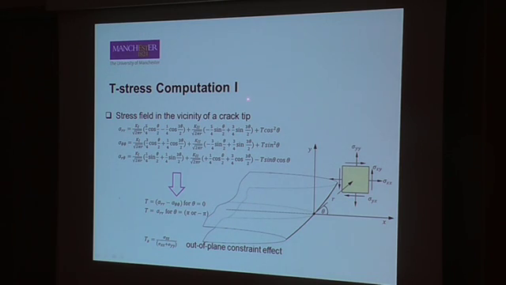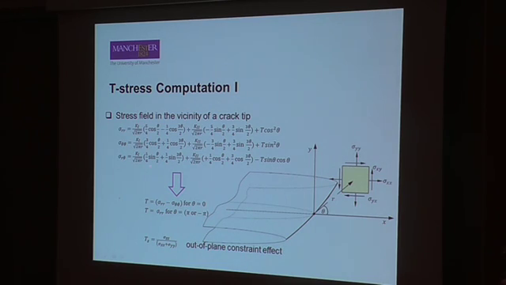T stress can be calculated for any direction in which the effect of singularity can be vanished or superposed by other stress fields. For example, T stress can be computed for the direction theta equal to 0 in front of the crack tip by this equation.